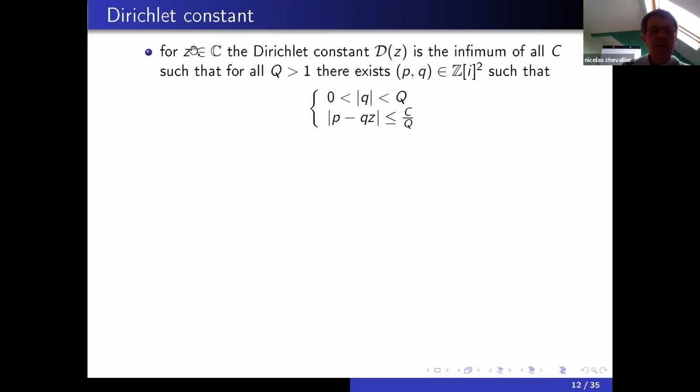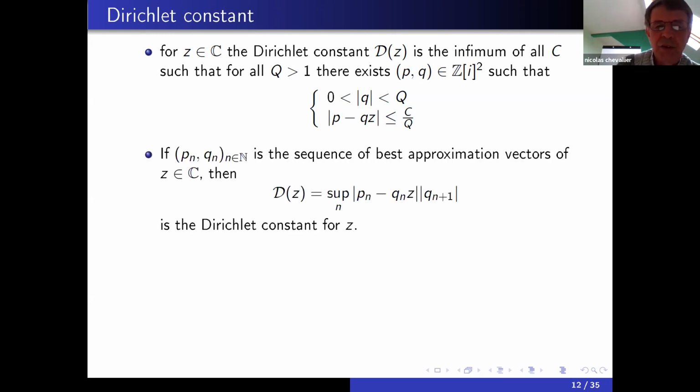So for each complex number, we have a constant d of z, and the best Dirichlet constant in the theorem of Dirichlet is just, before explaining this, this constant d of z can be computed with the sequence of best approximation vectors of z. This is just given by this sup here.